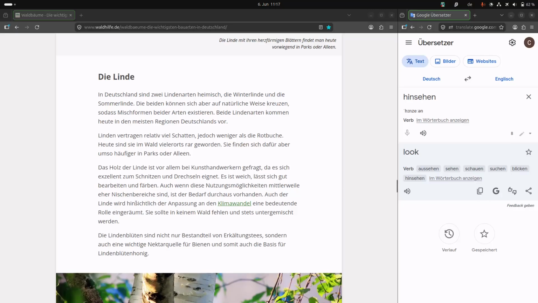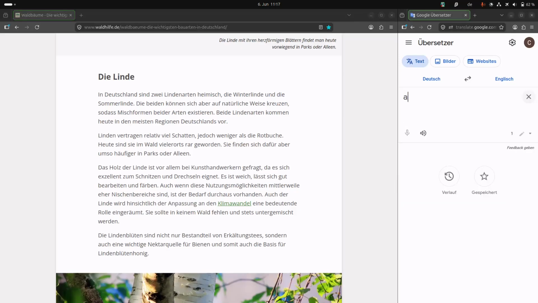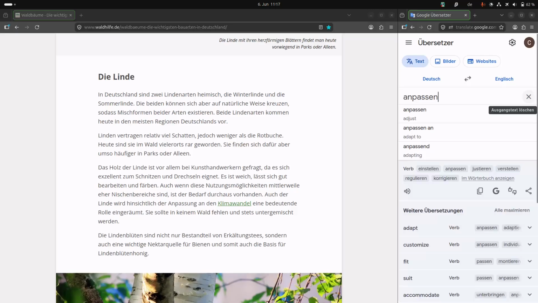So in regards to something, this means basically. So hinsichtlich der Anpassung, in regards to the Anpassung, this derives from the word anpassen, adjust.